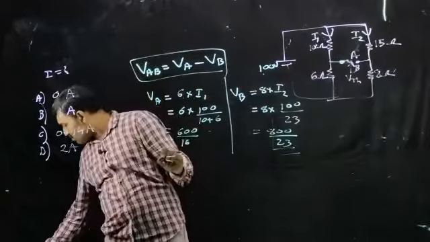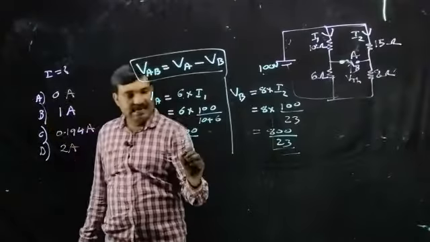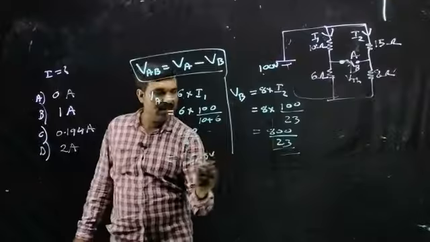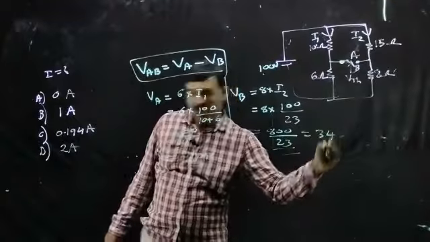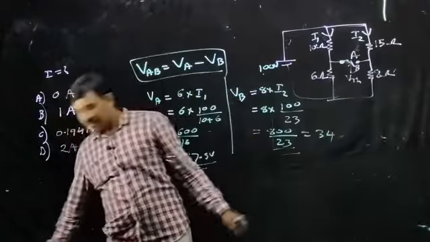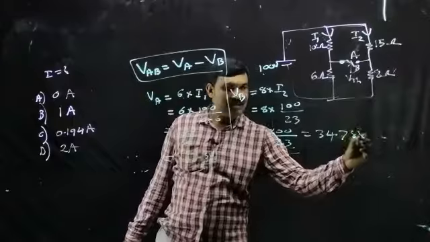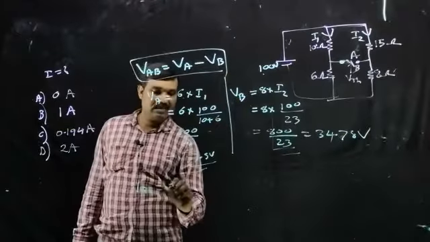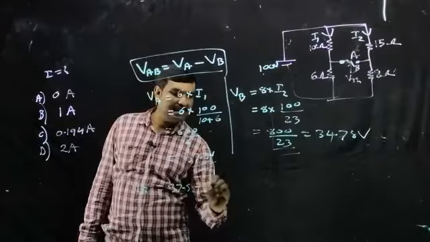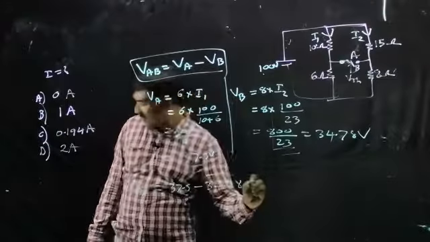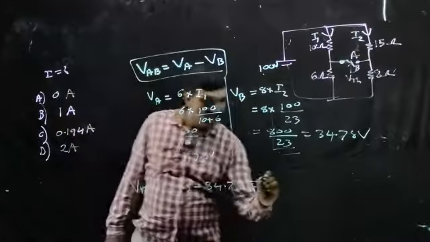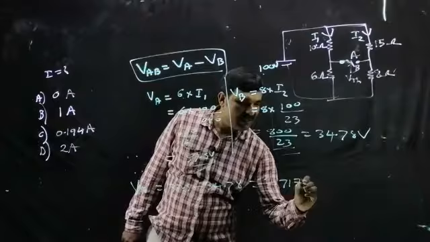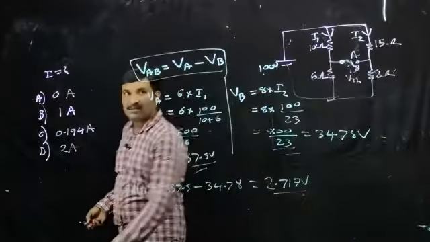VA is equal to 37.5 volt, and VB is equal to 34.78 volt. So VAB is equal to 37.5 minus 34.78, that is equal to 2.717 volt. So this is the Thevenin's equivalent voltage.